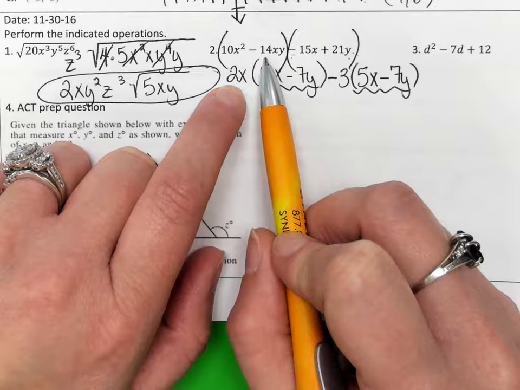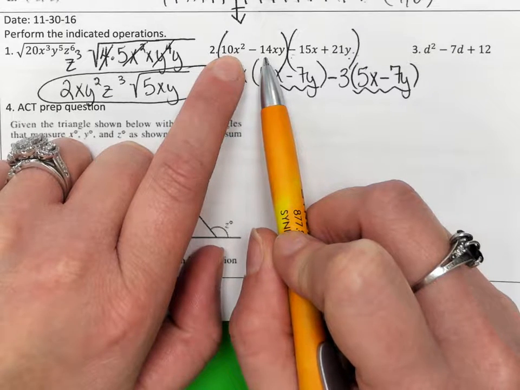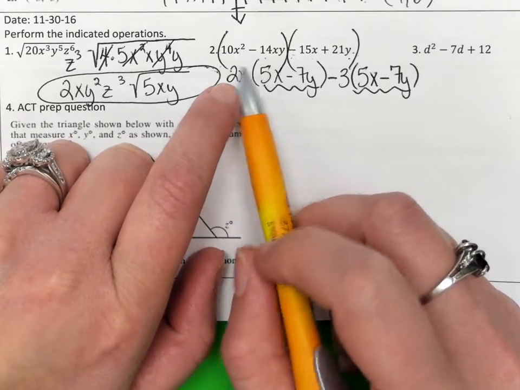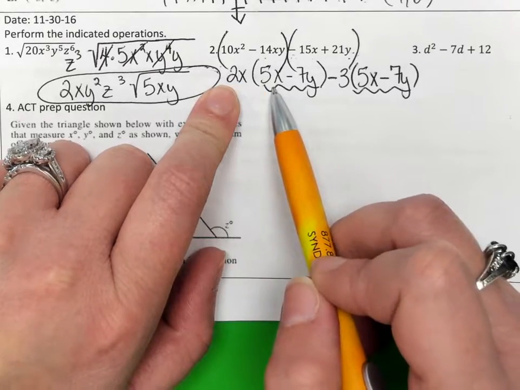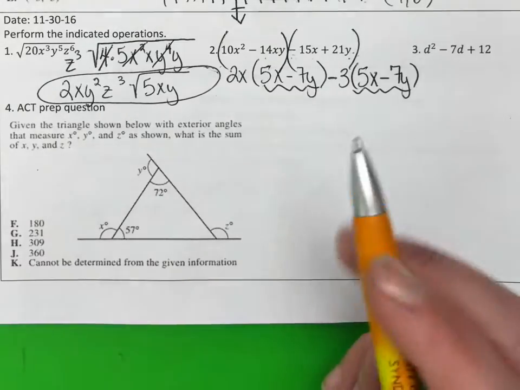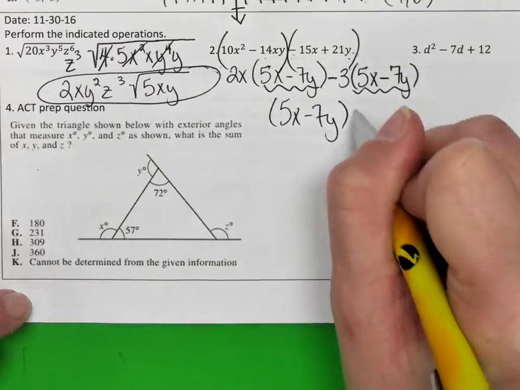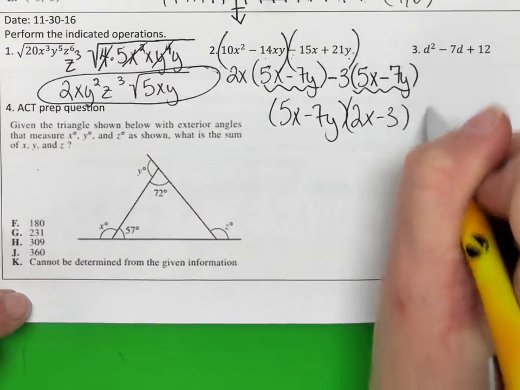How do you know which one goes out? What goes into 10 and 14? That's the 2. And then 10 divided by 2 is 5. 14 divided by 2 is 7. Alright, so that leaves me with 5x minus 7y and 2x minus 3.